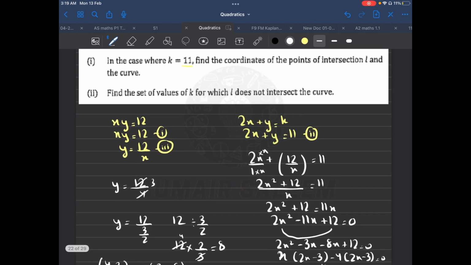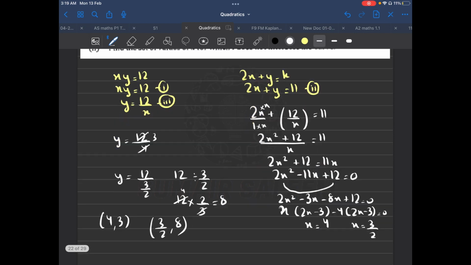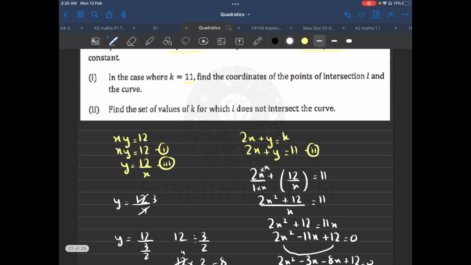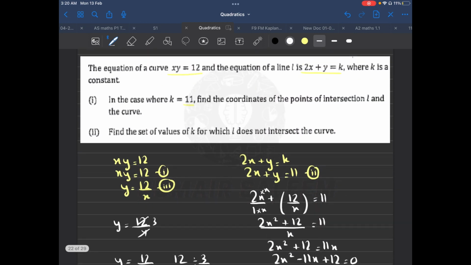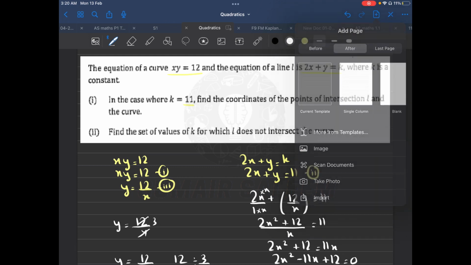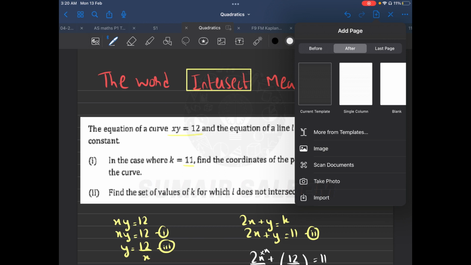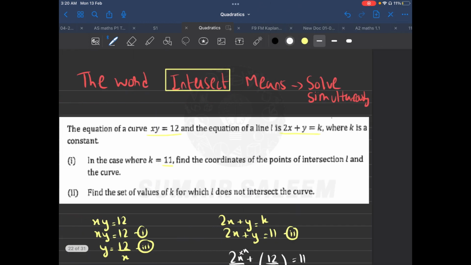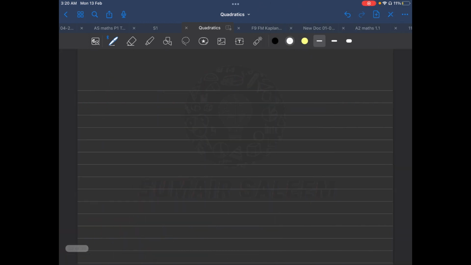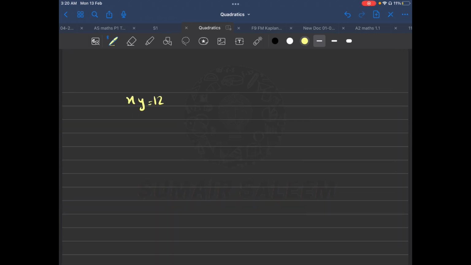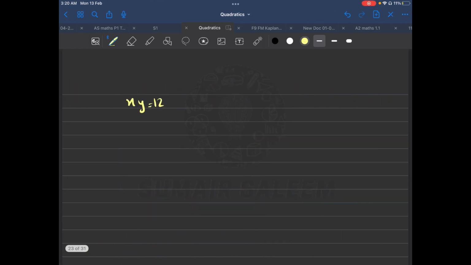Now it says find the value of k if it does not intersect. So let me do that on the other page. The equation was xy is equal to 12, right? And the other equation was 2x plus y is equal to k.